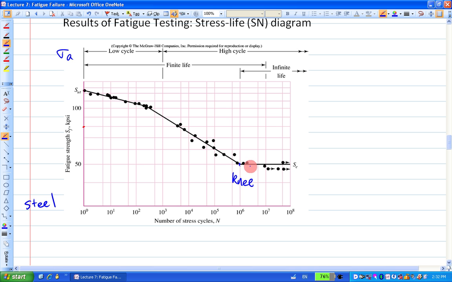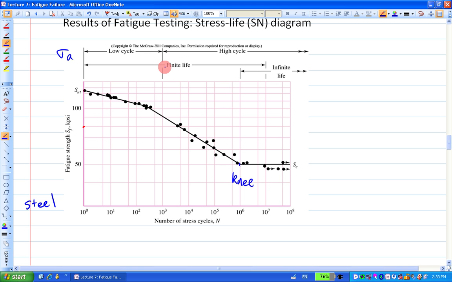Flattened out essentially means if you subject the part to a stress, in this case 50, anywhere below this 50, what can you deduce from this diagram? You never fail. Exactly. It doesn't matter how many cycles you subject it to, it's not going to fail. That's what we call infinite life, and this is a phenomenon for steel.